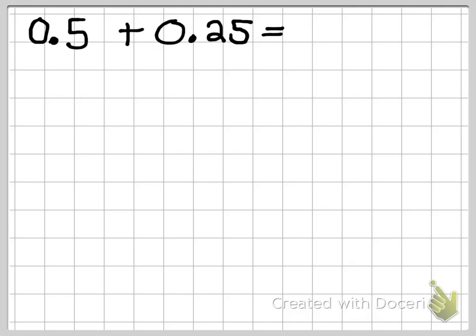They do not share the same denominator at this point. I know I have two non-zero digits in 25 hundredths, so I'm going to need to change 5 tenths to hundredths to find a common denominator.